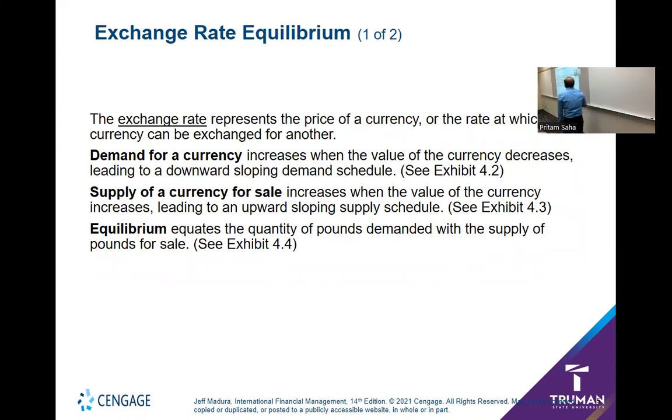Now, what will cause these spot rates to move? Okay. Pure microeconomic theory, demand and supply. For this class, the US dollar is our home currency. The pound is our foreign currency.